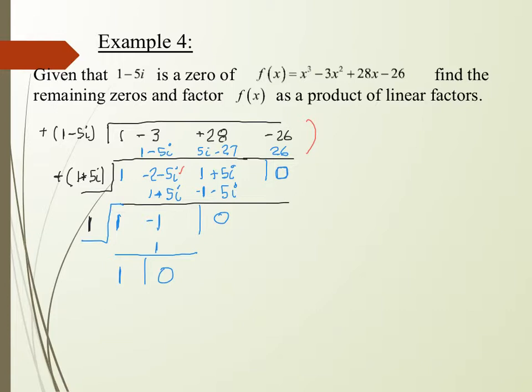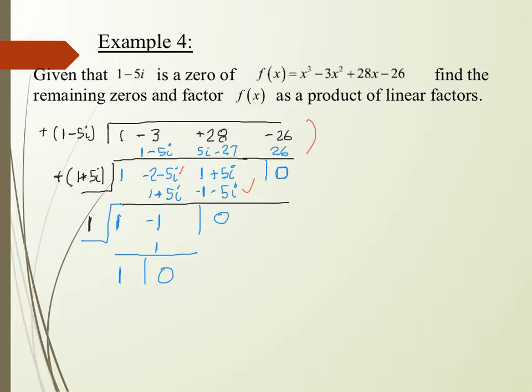The 5i's cancel, and when we hit a negative 1 times 1 plus 5i, we just get a negative 1, negative 5i, and we add those together, we get 0. So we're left with 1 minus 1. And now when we multiply 1 times 1, we get 1, and we get 0.